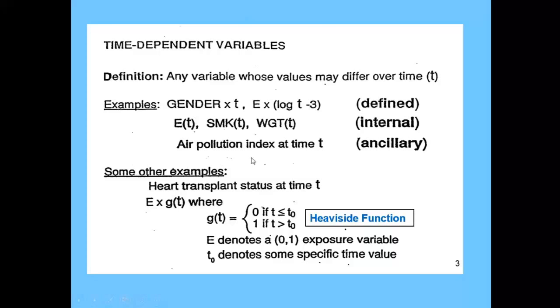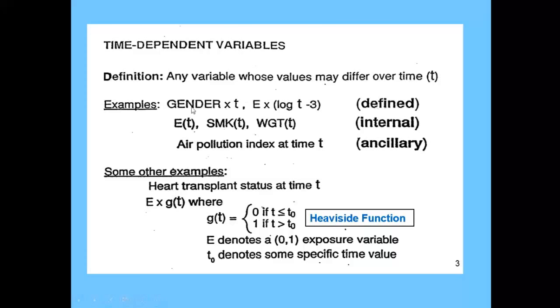Now, here's 3 other examples. E of t, SMK of t, and WGT, weight of t. Now, these variables are different from the first list. These are called internal time-dependent variables, and this is called a defined time-dependent variable.